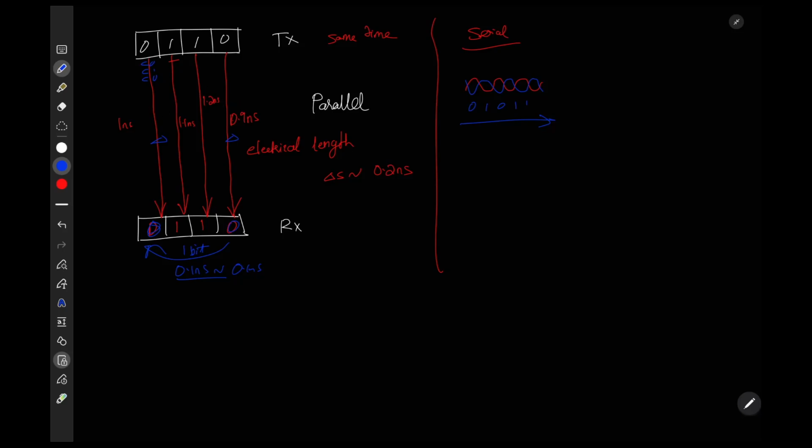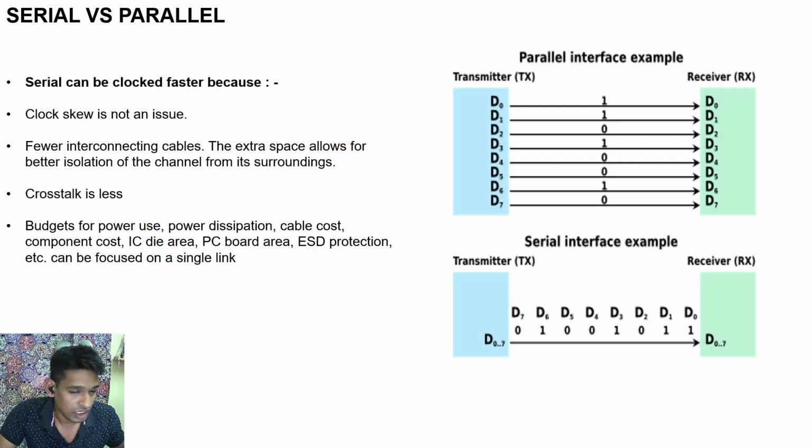And one more thing, because you'll be using a clock to sample the data, and I'll explain this clock and sampling in the coming slides. Because you're clocking the data at the receiver end, there will be a clock skew.